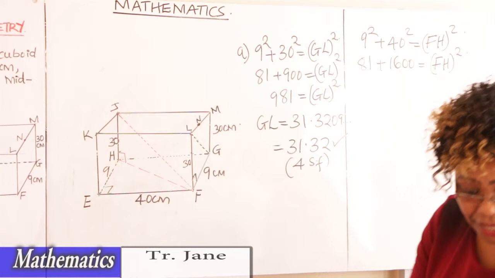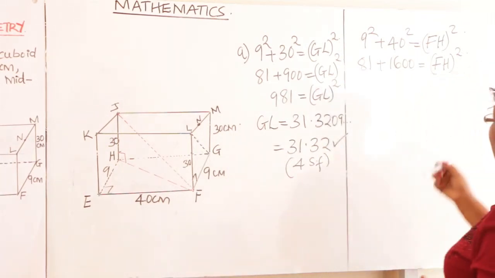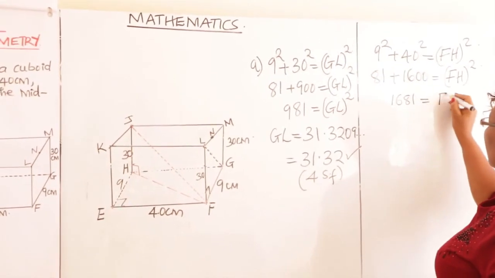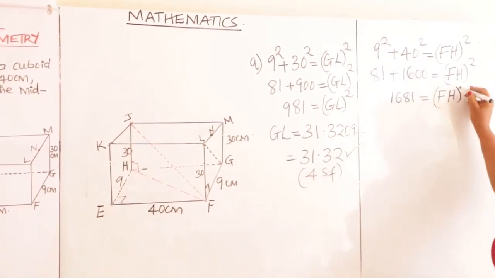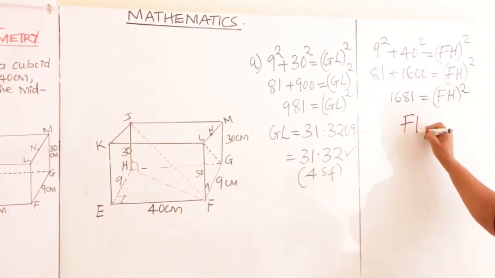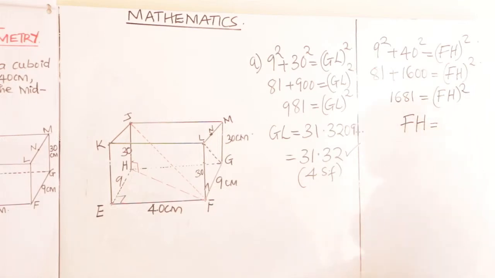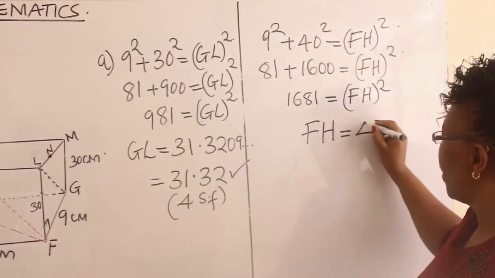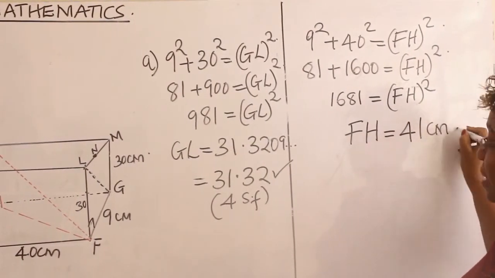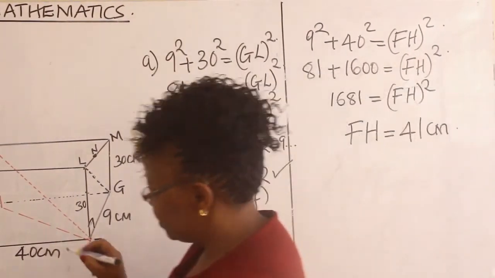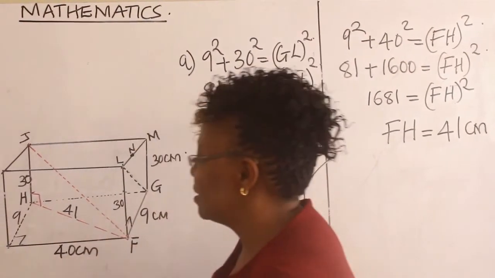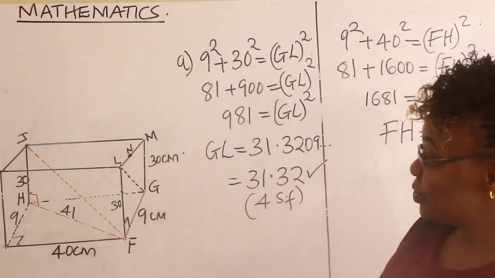You add this, you get 1681 is equal to FH squared. You find the square root. Using a calculator, you get 41 centimeters. So this diagonal is 41.